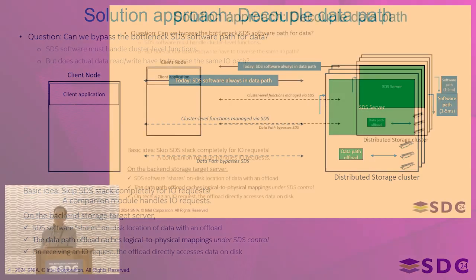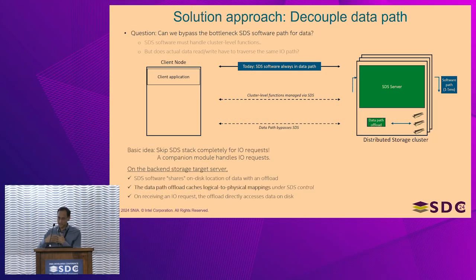If the SDS is aware that there's a companion module and it can share that, then this module can essentially cache that logical to physical mapping. And when it handles the I/O request, it can use that mapping and directly go to the drive and get the data. So in that way, we could avoid going through the SDS stack for the I/O path. And again, I would like to highlight that this sharing of the mappings will be under the control of the SDS stack, right? I'll leave it there for now, and we'll talk more about that going forward.